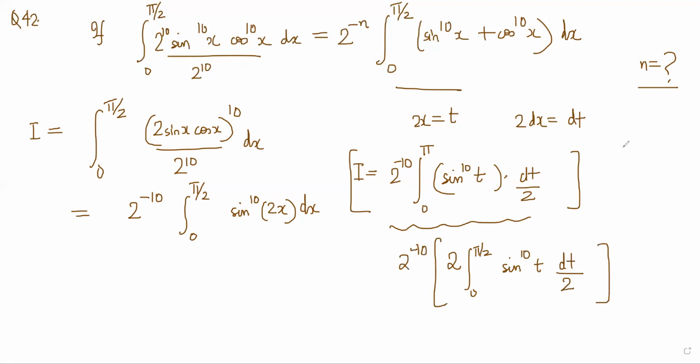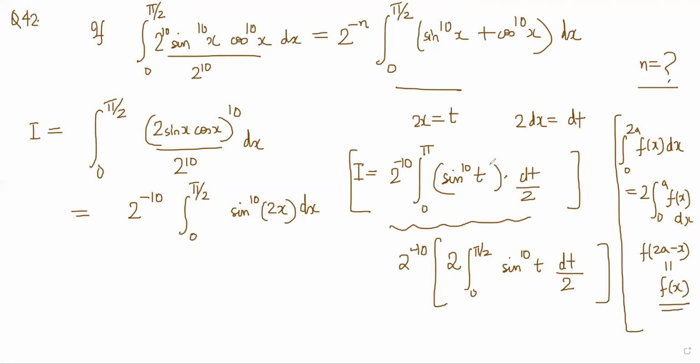Because I'm using the property that the integral from 0 to 2a of f of x dx is equal to 2 times the integral from 0 to a of f of x dx, as long as f of (2a minus x) is equal to f of x. I'm using this property here because sine power (pi minus t) is the same as sine power t.